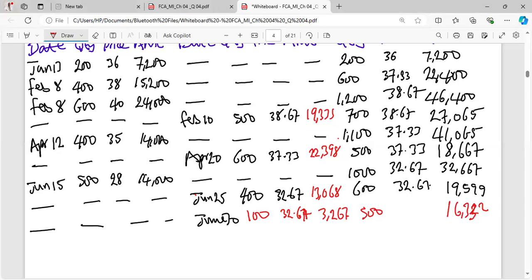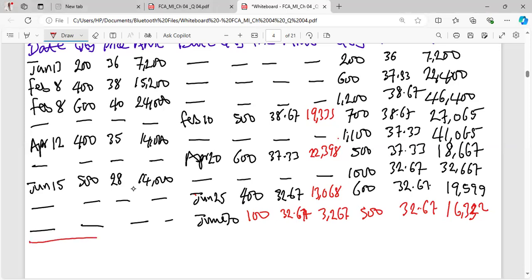Now, assuming we were to divide this by 500, let's see what it will give us. 32,667 is a rounding error, so it's still 32.67. That is still the price at the closing stock.